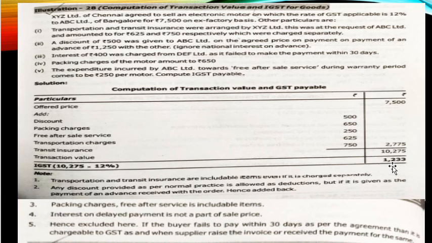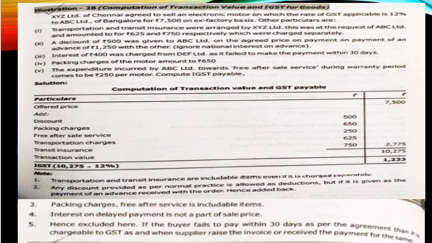If the buyer fails to pay within 30 days as per the agreement, then it is chargeable to GST as and when the supplier raises the invoice or receives the payment for the same. So these are the notes which are to be remembered while solving the problem. Why we have included certain items and why we have not included certain items.